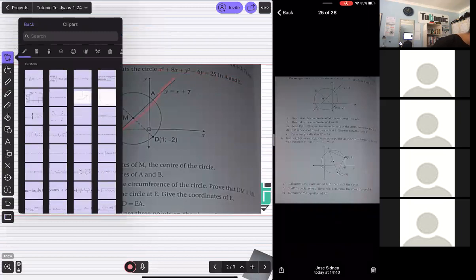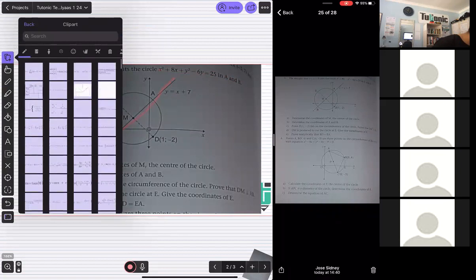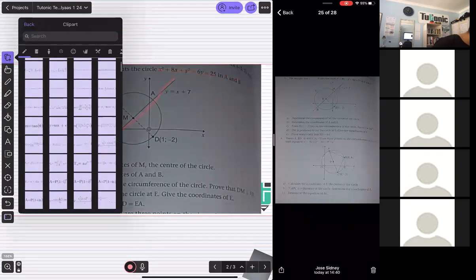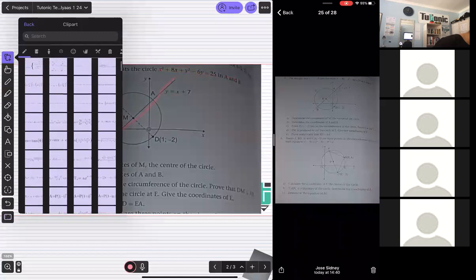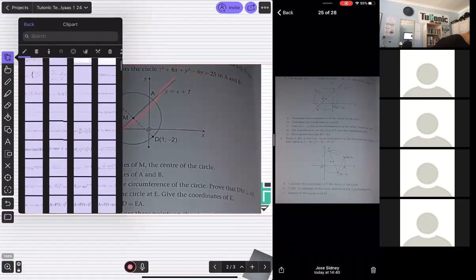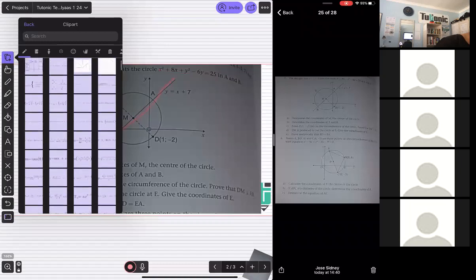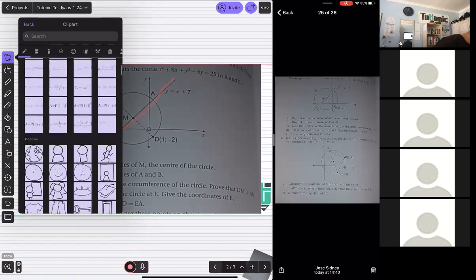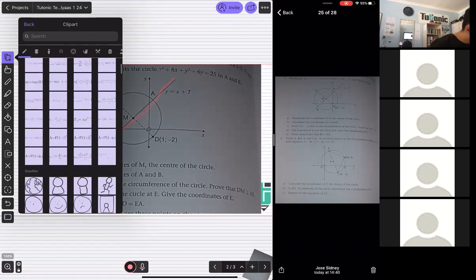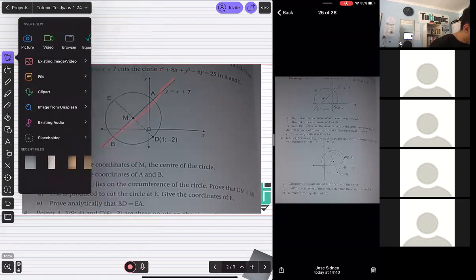What is the normal equation of a circle? X squared plus y squared equals r squared. No, that's like a simplified one. What's the full one? X minus x1 squared, or y minus y1 squared equals r squared. Okay, that's close.